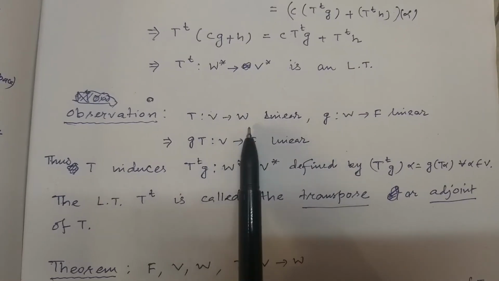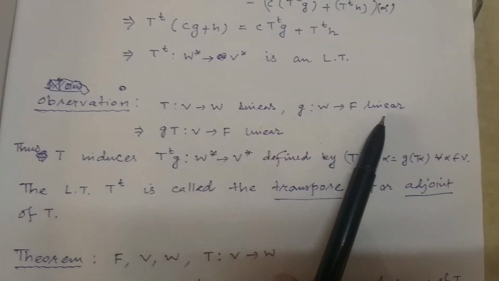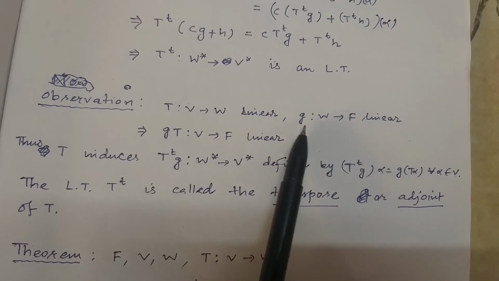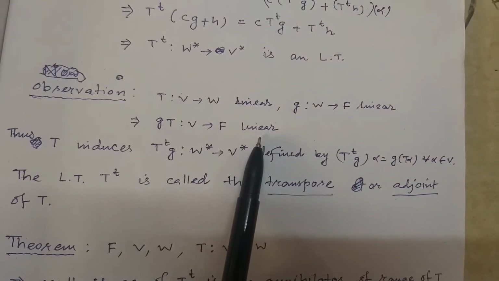T from V to W is a linear transformation. G from W to F is a linear functional. So its composition mapping from V to F, that is G of T from V to F, is also a linear transformation.